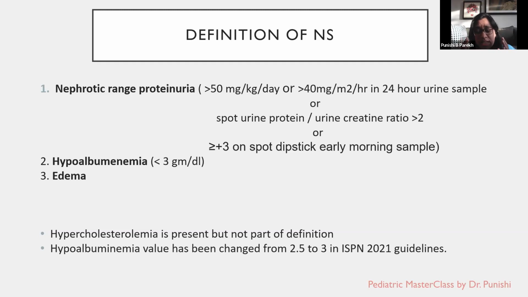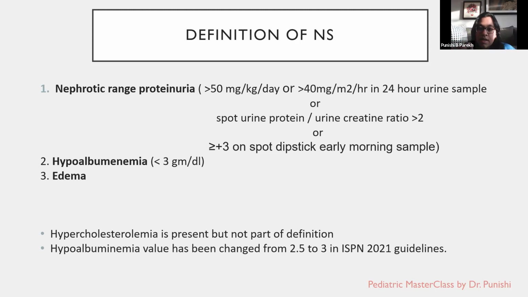An easier way of defining this is with a spot urine sample. If you do a urine protein to urine creatinine ratio and that ratio in a spot urine sample is more than 2, then you would call it nephrotic range proteinuria. The third, easier way is the dipstick method. I'll show you what a dipstick looks like.